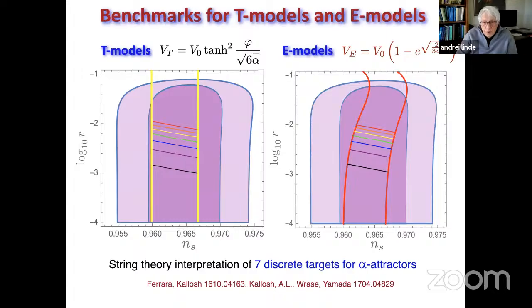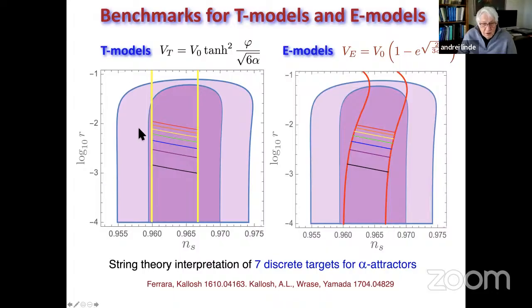And that's something else which appears if you study realization of this theory in supergravity, and it goes back to some paper by Ferrara and Kallosh many years ago. They have found that this parameter alpha has several preferable discrete values. It starts from alpha equal to 1/3, and then 2/3, 3/3, etc., up to 7/3.